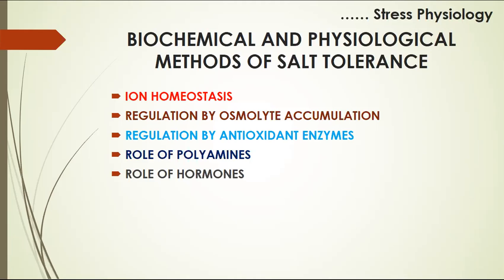Now, what do you understand by ion homeostasis? It is defined as the mechanism of a plant to maintain the steady internal state of ions.